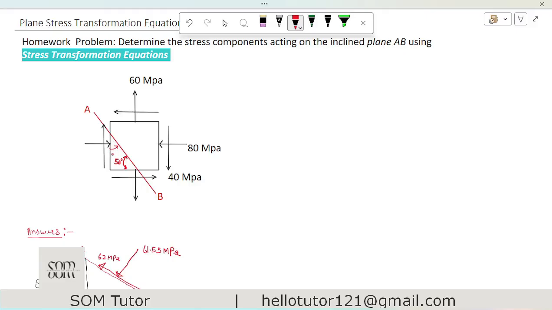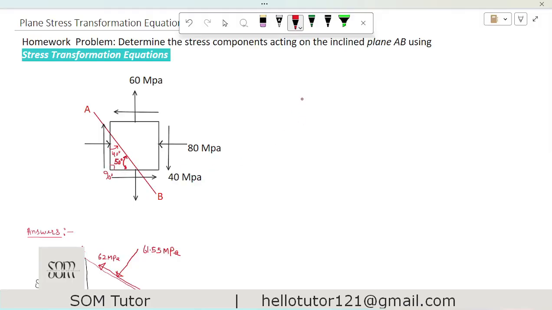By the way, how much is this? The total is 90 degrees, and this is 50. We know the sum of the angles of a right angle planar triangle is 180 degrees, so it has to be 40 degrees, because 50 plus 40 is 90 and 90 plus 90 is 180 degrees.